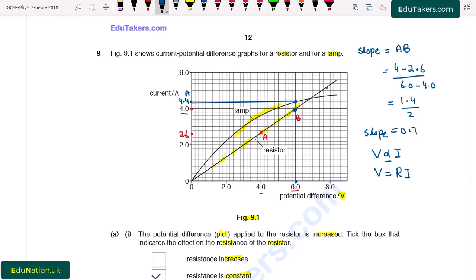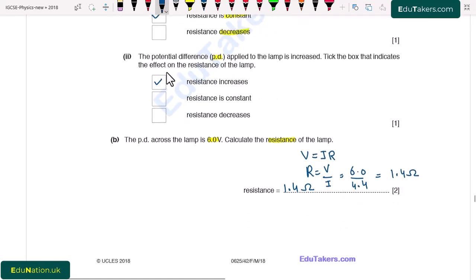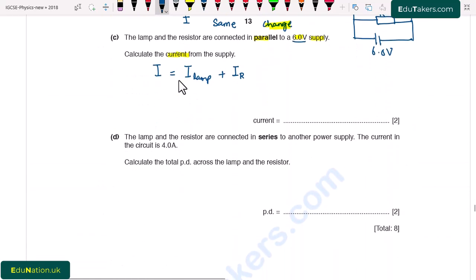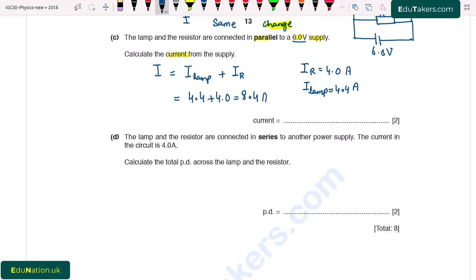So I write here the value of current for resistor is 4.0 while for lamp it is 4.4 and the unit is ampere. So we have to add both of these current to find out the total current. It will be equal to 4.4 plus 4.0. So it comes to be 8.4 and it is measured in ampere. So this is the value of total current.